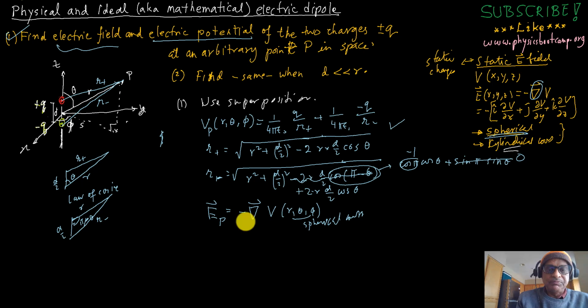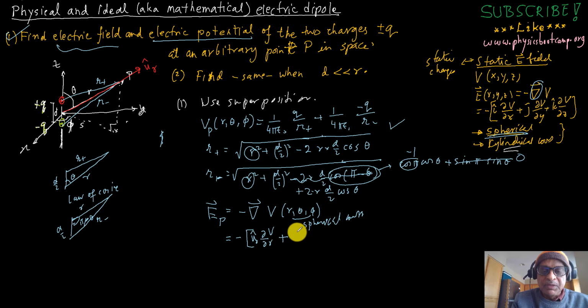So this would be simply minus dV/dr, with the unit vector along the radial direction, u hat r, plus u hat theta, and then 1 over r dV/d theta, plus 0.